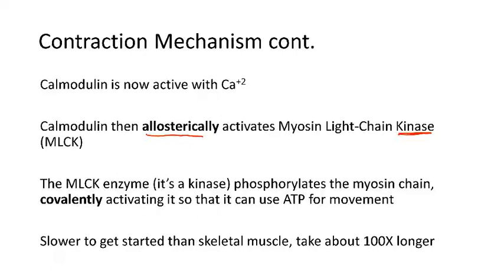So this enzyme phosphorylates, we add our Pi, just like before, to the myosin chain, which covalently activates it so that it can actually burn the ATP and cause movement. When we talk about the time difference from the action potential to starting contraction, smooth muscle is about 100 times or more slower than skeletal muscle. It's about 10 times slower than your heart or more.